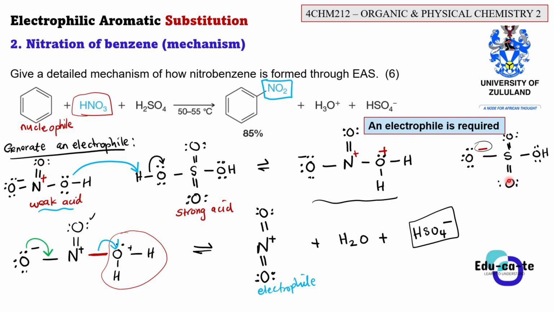Now this one is better to use because this H2O is a good leaving group. You need to remember that if you're doing a substitution reaction, it's a good leaving group, so it has an ability to leave. And if it leaves, we will remain with NO2, which is exactly what we want, our electrophile that we need to substitute and put on the benzene ring and create nitrobenzene, all right?